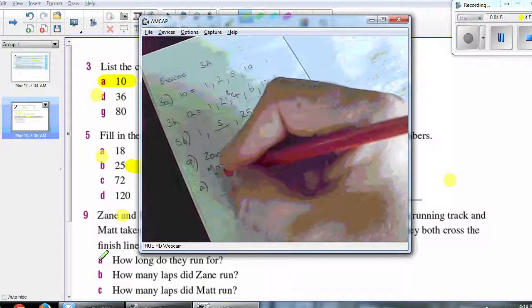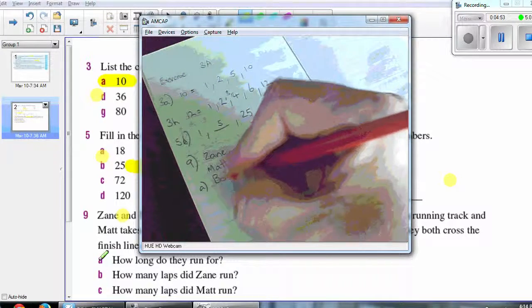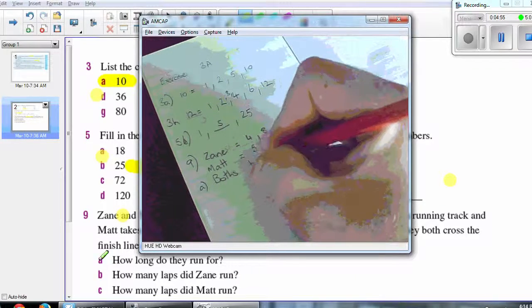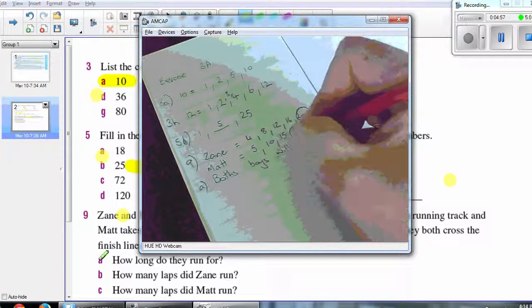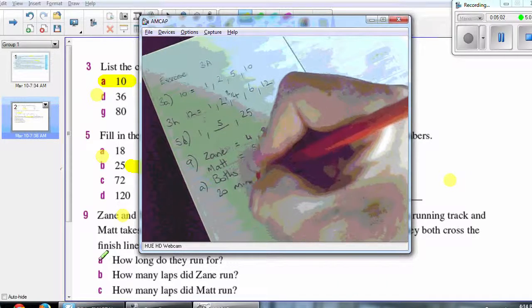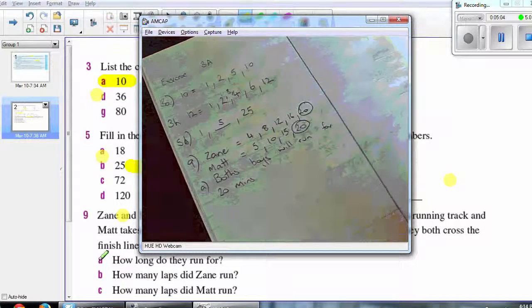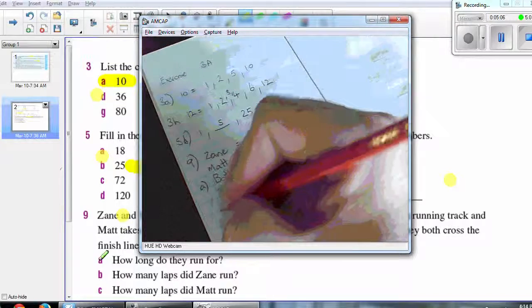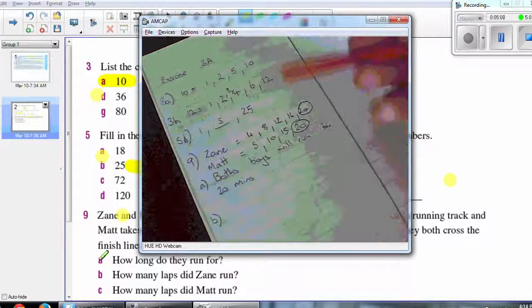For Matt, he's going to cross the finish line at minute 5, so they don't line up. At minute 10, they don't line up. At minute 15, they don't line up. And at minute 20. So they're the two multiples that line up.